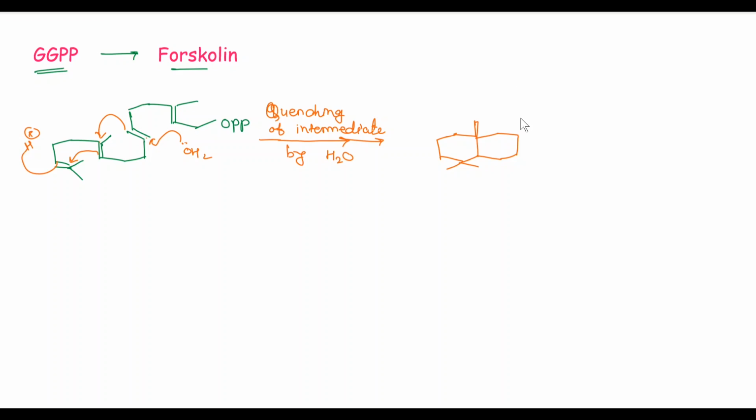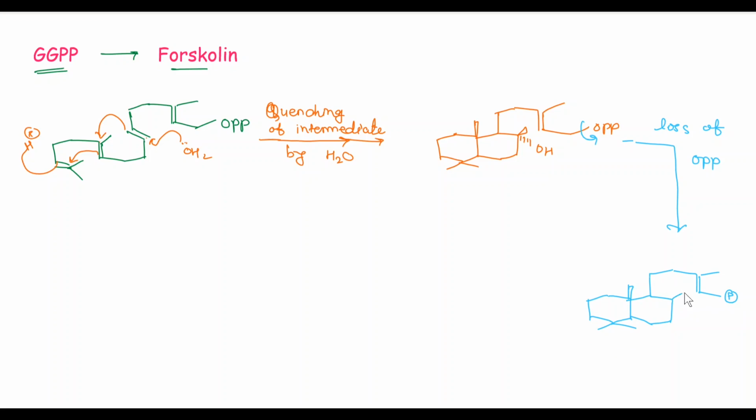here methyl, here OPP, here CH3 and here OH. In the next step, loss of OPP and we get formation of a cation. In the next step, quenching by attack of this hydroxy gives a heterocyclic ring.